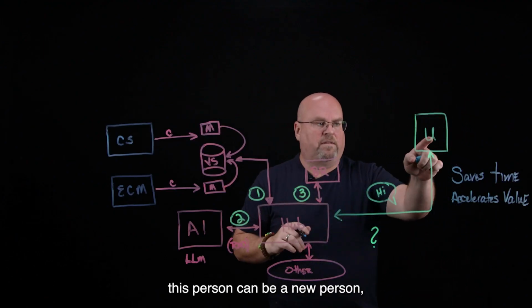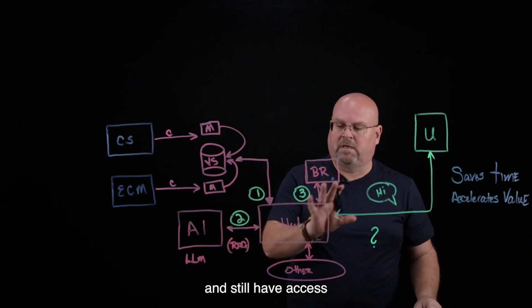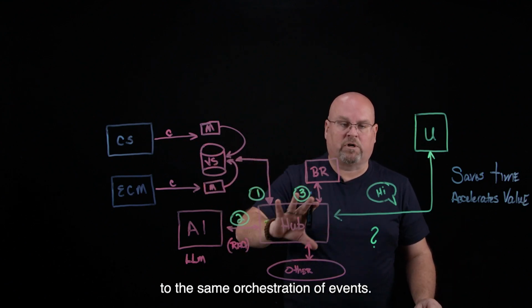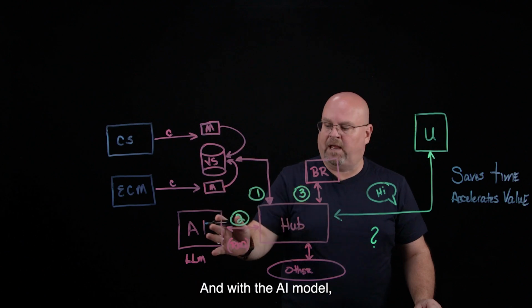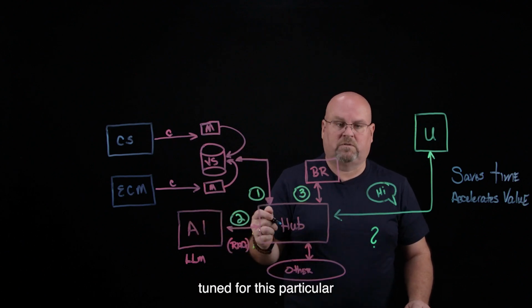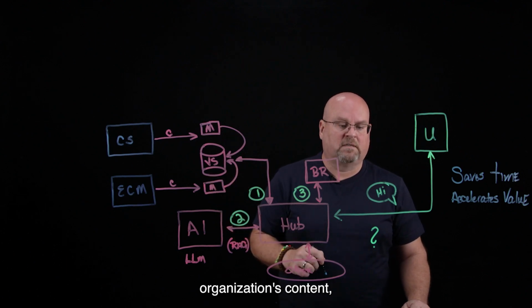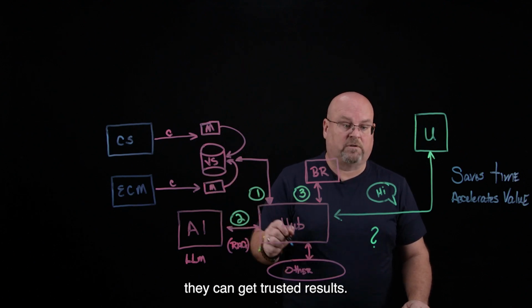Because this person can be a new person, or they can be a seasoned person and still have access to the same orchestration of events. And with the AI model tuned for this particular organization's content, they can get trusted results.